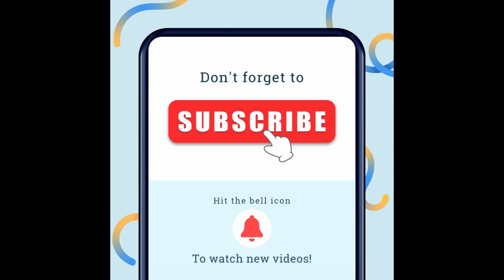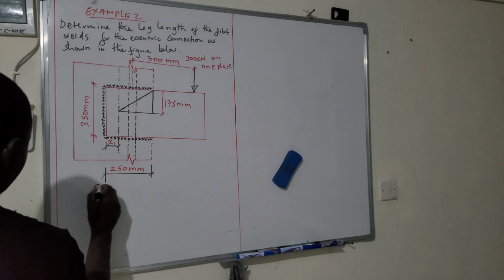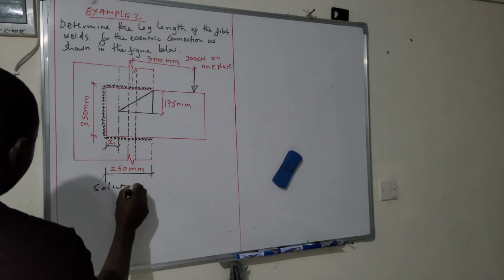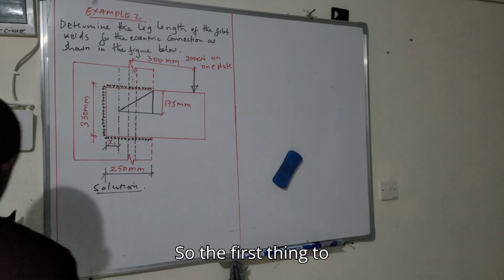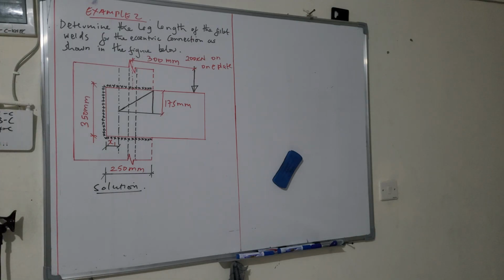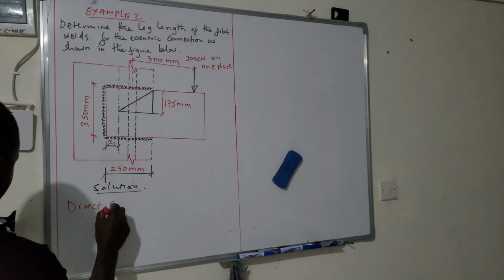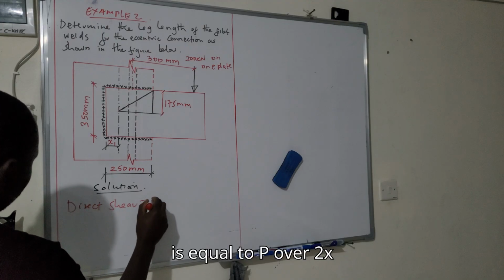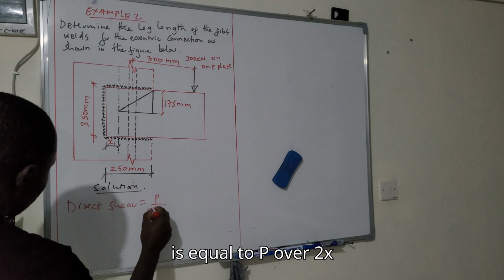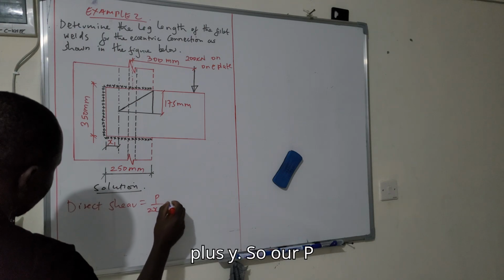Solution. The first thing to determine is the direct shear, which is equal to P over 2x plus y.